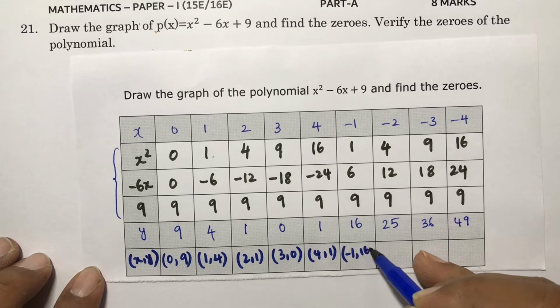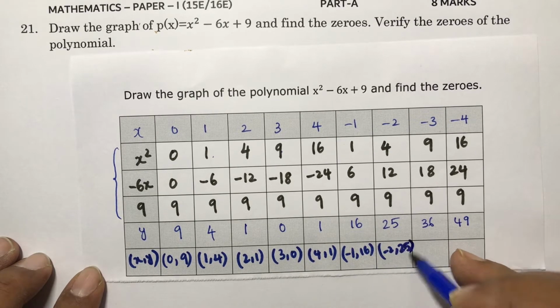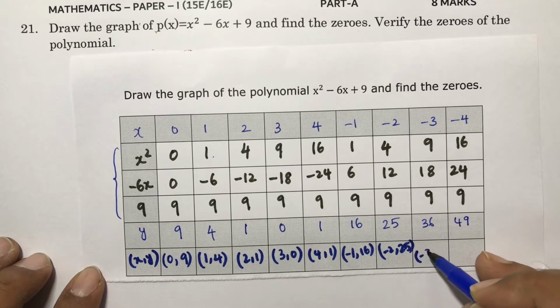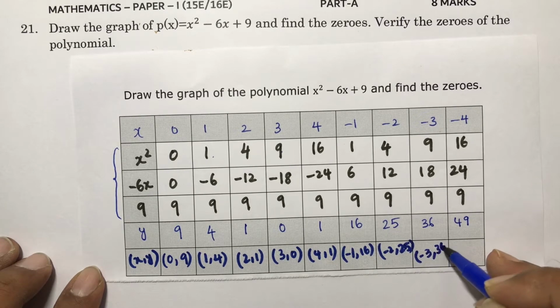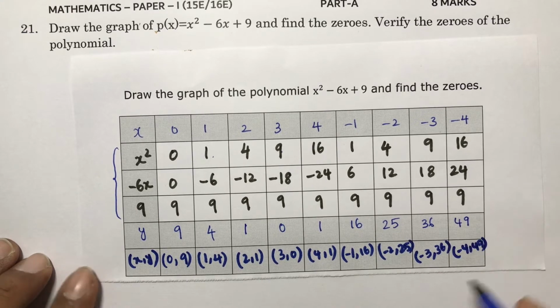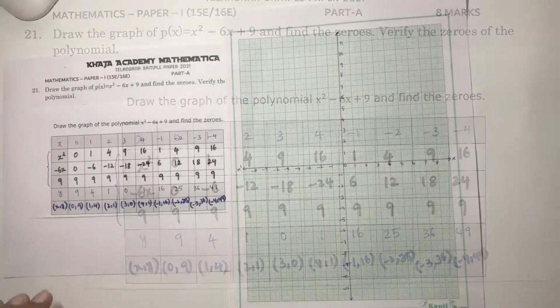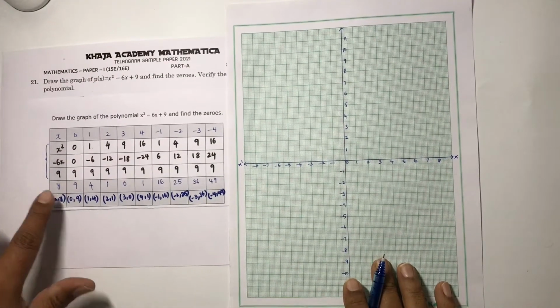Minus 1, 16. Minus 2, 25. Minus 3, 36. Minus 4, 49. These values we need to plot on the graph paper.